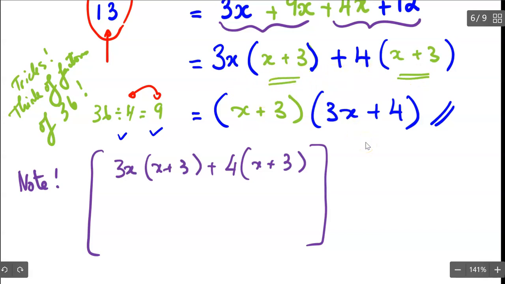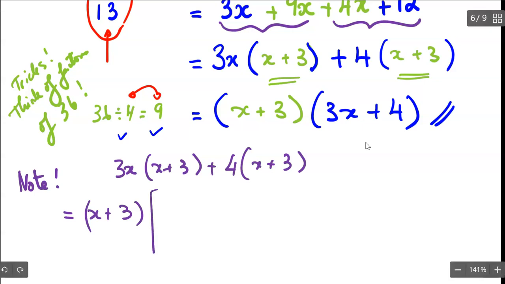Okay, so what I mentioned earlier is when you factor this, it means that you are going to divide the common factor into each of your terms. So your common factor is x plus 3. So therefore, you are having this as your first term.